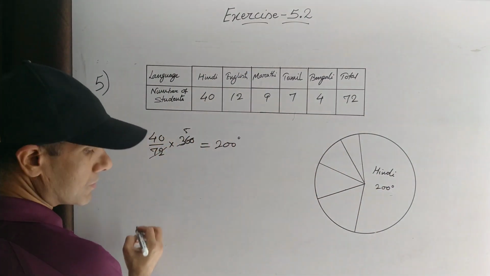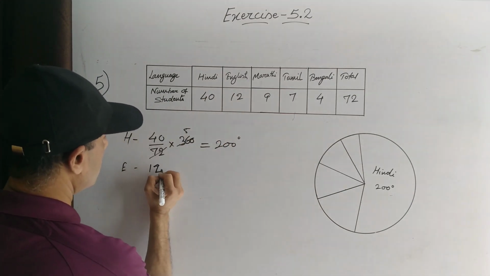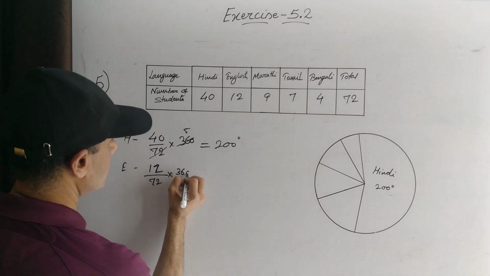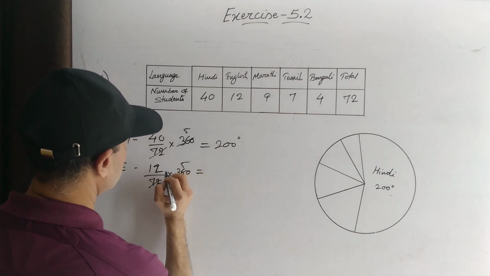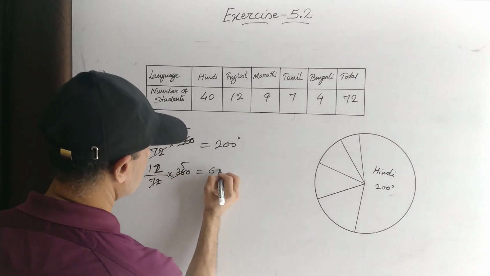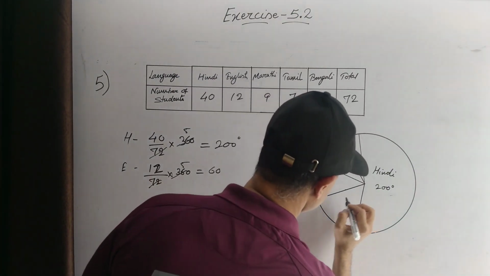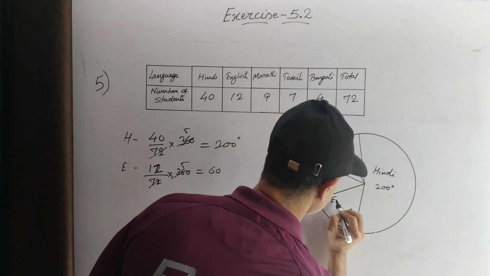Okay. Then English, 12 upon 72 into 360. This is equal to 60. So this angle will be 60 degrees. This sector will be English.